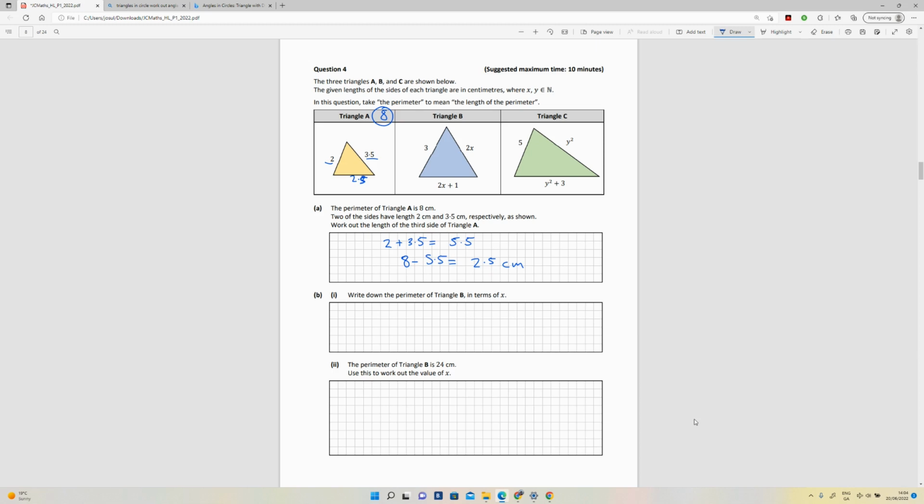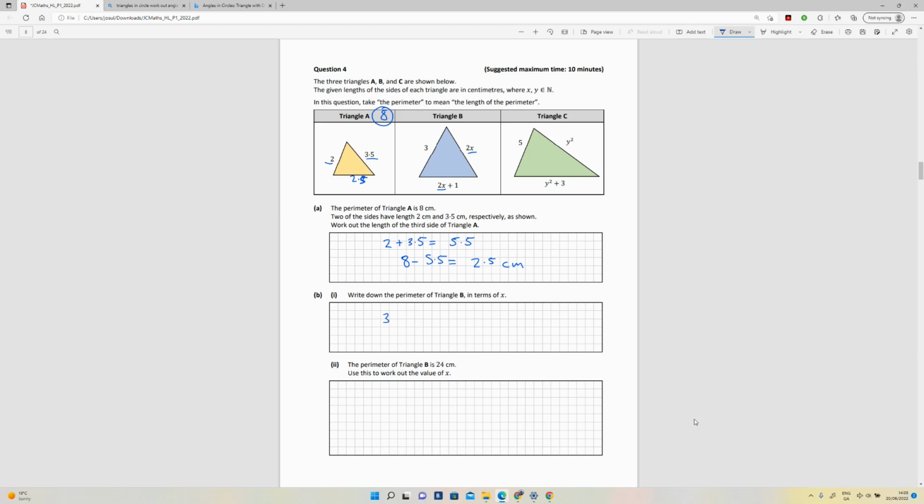Part B, 1. Write down the perimeter of B in terms of x. Okay, so they've given us two values here, and they've given us a constant of 3 on this side. So we don't know the perimeter, but we can write an equation on this.